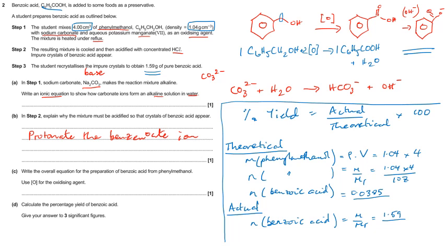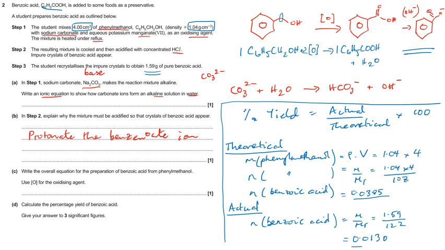And the Mr, we're working out the moles of benzoic acid, so the Mr of benzoic acid is 122. So that gives us an actual moles of benzoic acid of 0.0130.